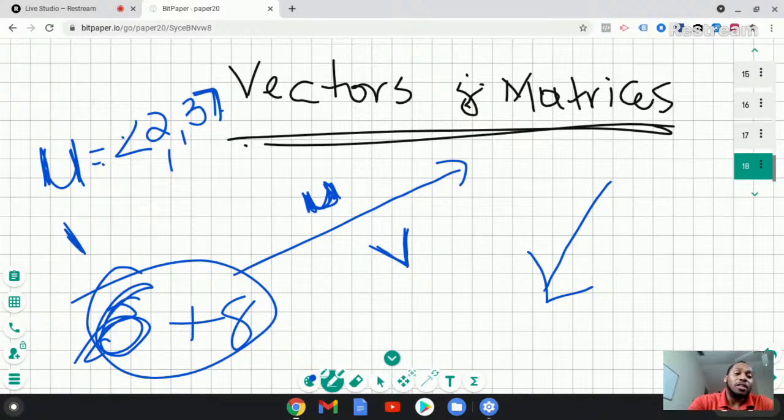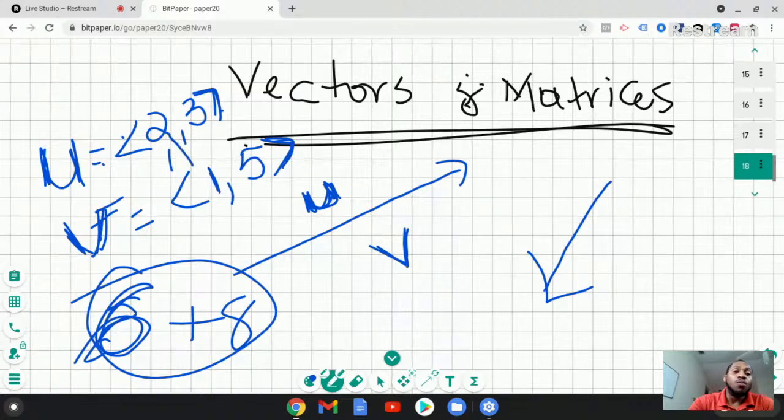So if I had another vector V with the coordinates 1, 5, for example, I would add the 1 to the 2, and then I would add the 5 to the 3. They're all corresponding terms, so I would add them together. Now that's the easiest way to do that.